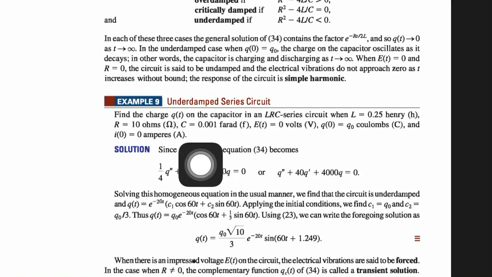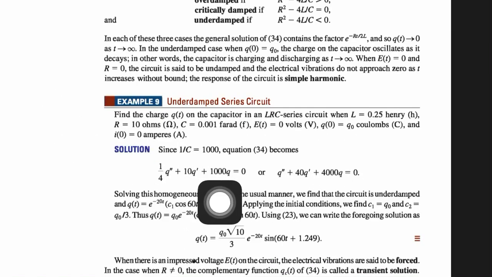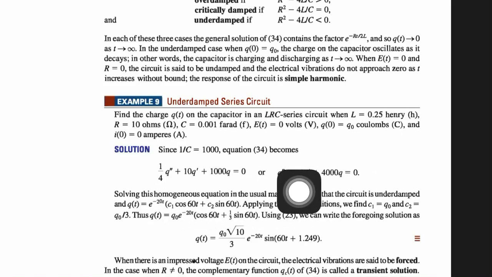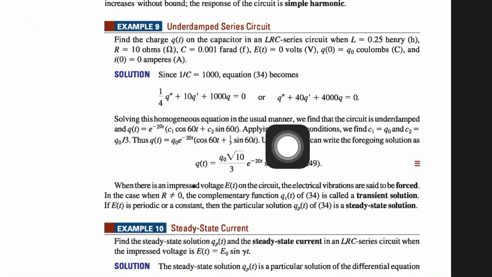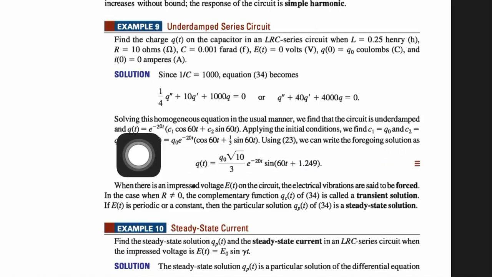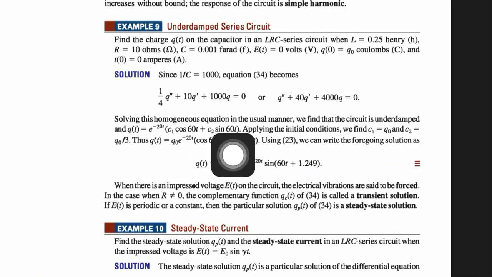Putting all the values in the LRC circuit equation, I got this result. Now multiplying this equation by 4, I got this result. Solving this homogeneous equation in the usual manner, we find the circuit is underdamped and q of t is equal to this.